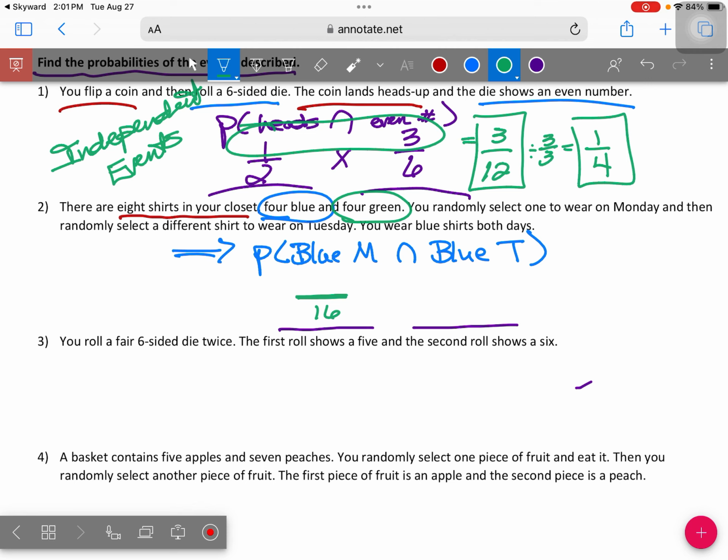So how many shirts do I have total in the closet? 8. Yeah, so be careful. Don't just start adding numbers because it says that, right? So I have 8 total. What's the probability of picking a blue shirt out on Monday? 4 out of 8.